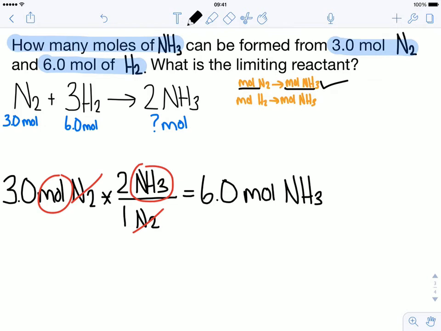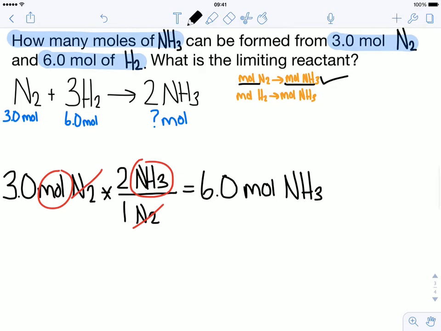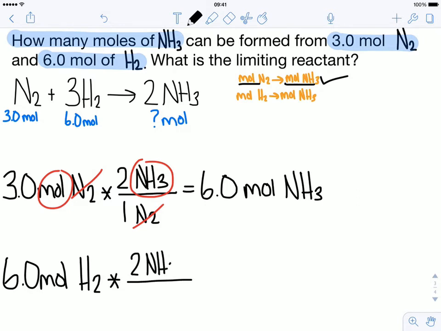Now we need to do the same thing with H2. The problem says that there are 6.0 moles of H2, and we need to convert that into moles of NH3. So again, to do that, we use the molar ratio. So the molar ratio between H2 and NH3 is 2 NH3 over 3 H2.